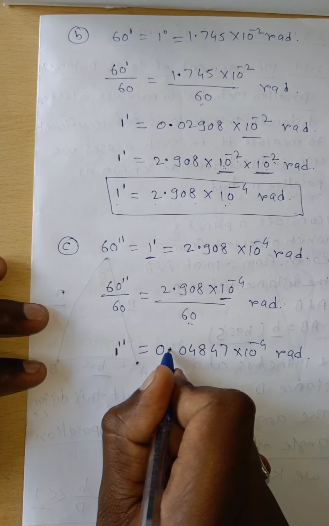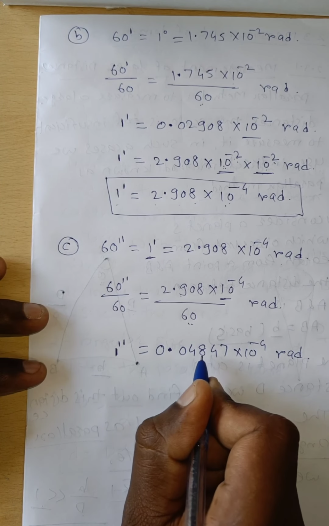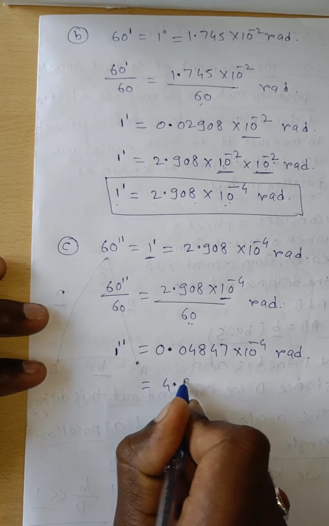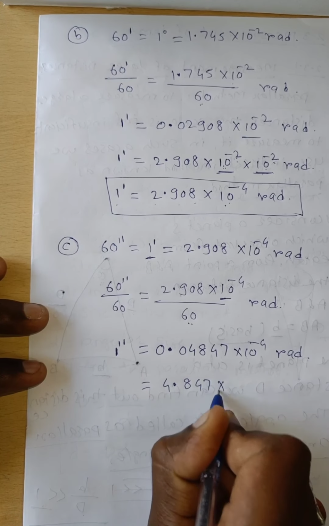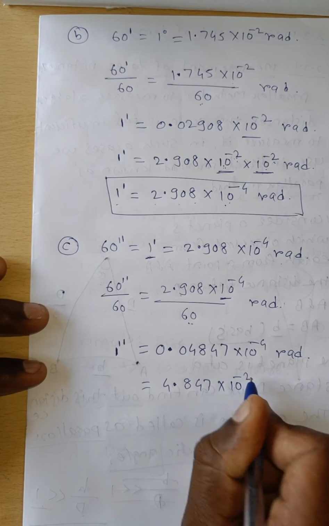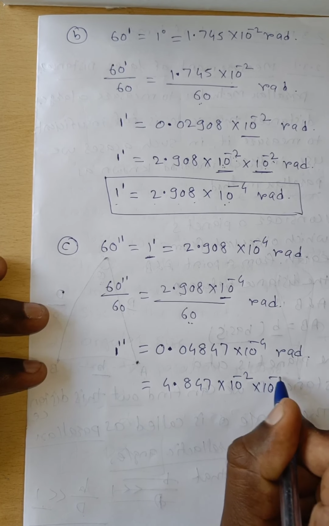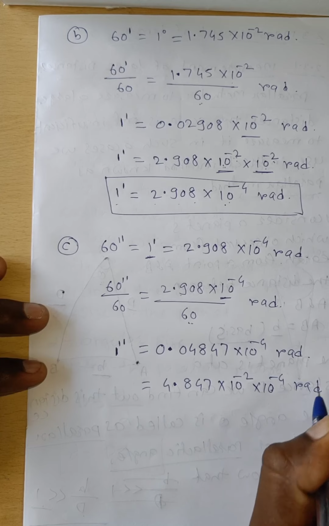Now similarly, you have to shift the decimal point 2 places to the right, then you get 4.847 into 10 to the power of minus 2, and this 10 to the power of minus 4 as it is. This is in terms of radian.